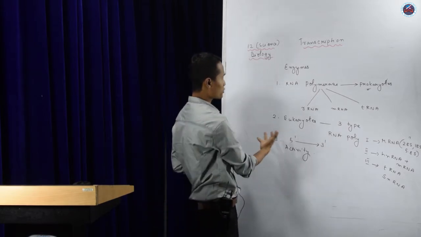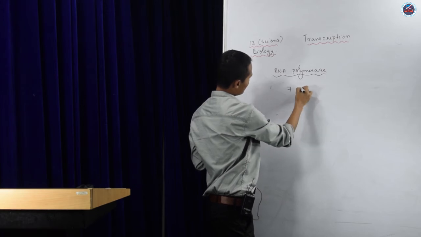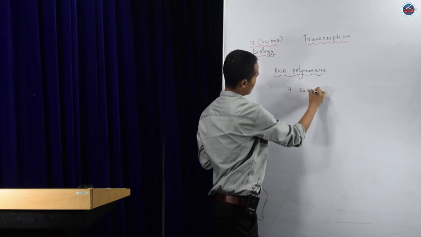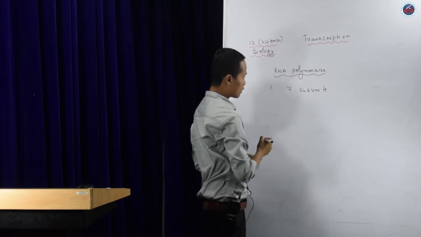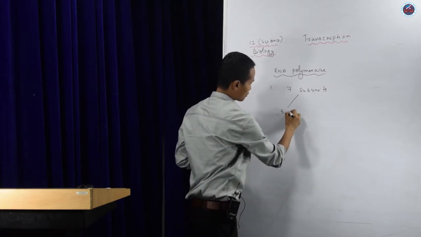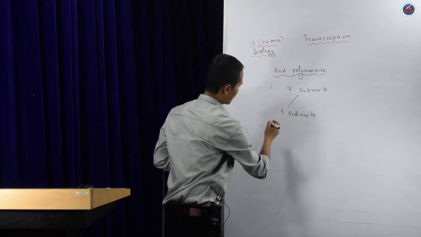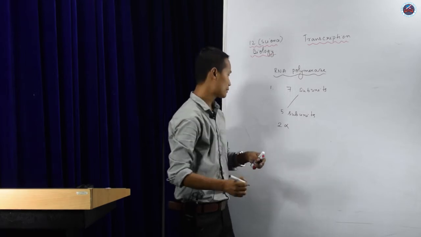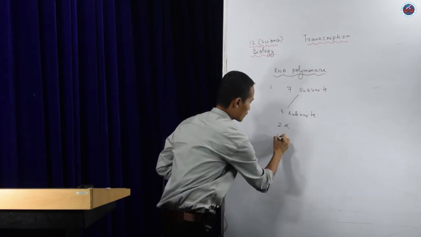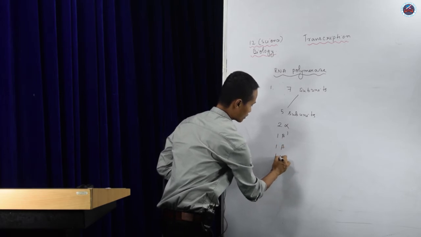Let's discuss the structure of RNA polymerase. It consists of 7 subunits. Five subunits are 2 alpha, 1 beta dash, 1 beta, and 1 omega.